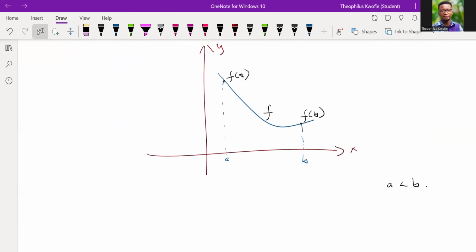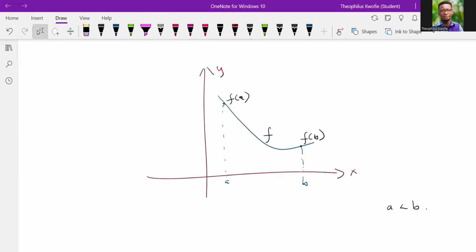Over here we can see something interesting, because this is how high the function was at point a. We had a function value at this point, but we realized that the function began to decrease up to a particular point b. Do you see that? This is how high f of a was.